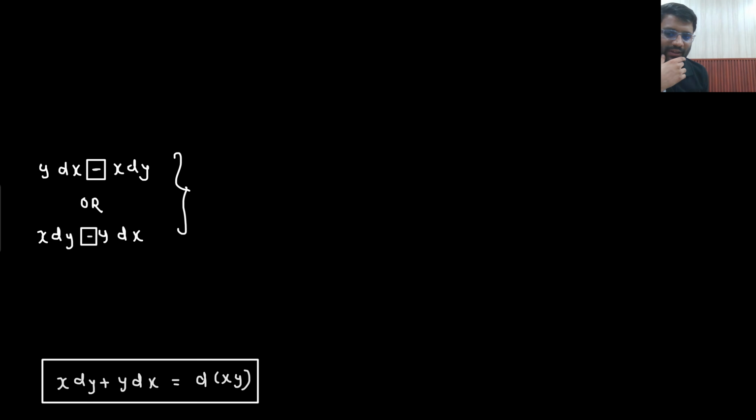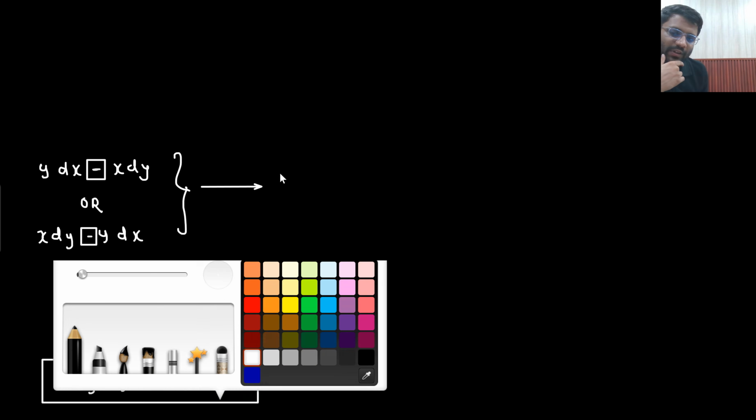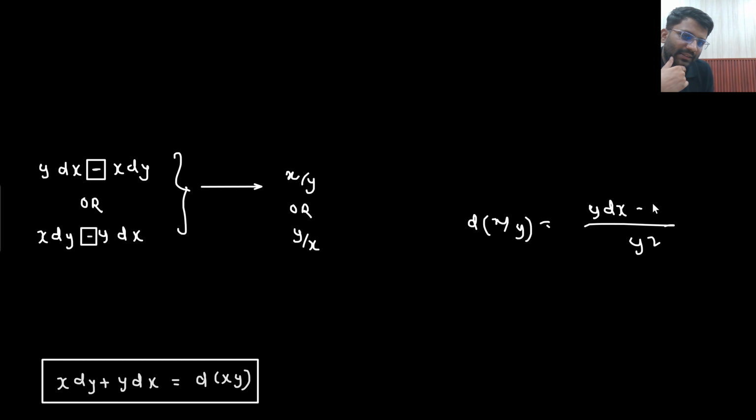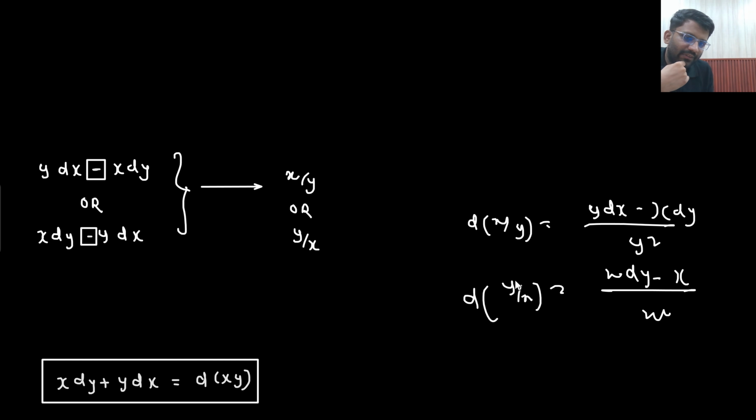But you will remember one thing. You will remember that they are the brothers of x by y or y by x. Because you know that if I calculate d of x by y, then what will I get? y square in the denominator, and y dx minus x dy. Say yes or no? Sir, if I write down d of y by x, what will I get? Numerator, this is denominator, x square, x, then differentiation of y will be dy minus x, differentiation of, minus y as it is, differentiation of x dx.